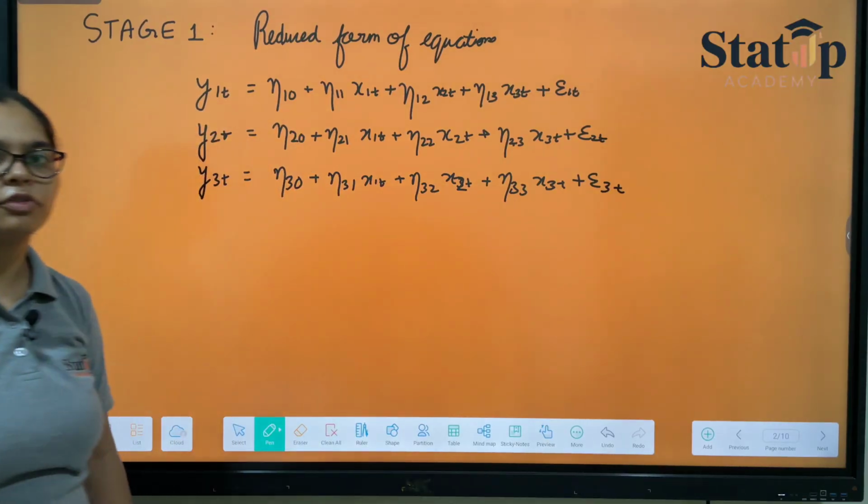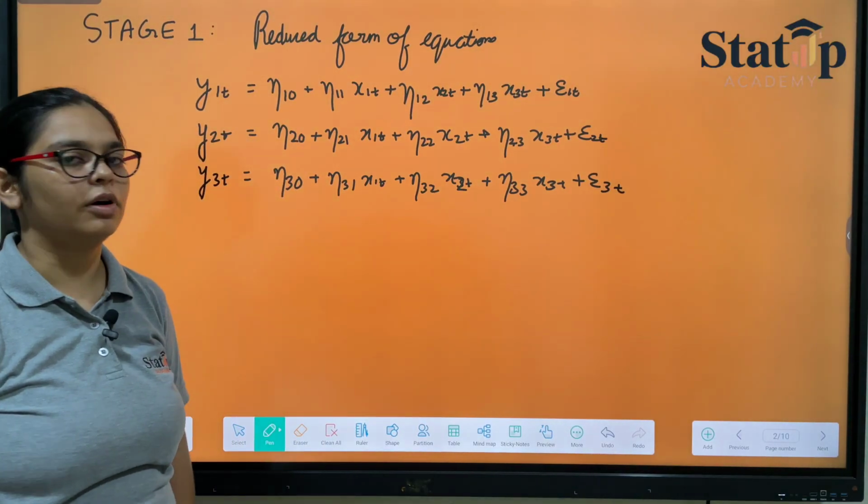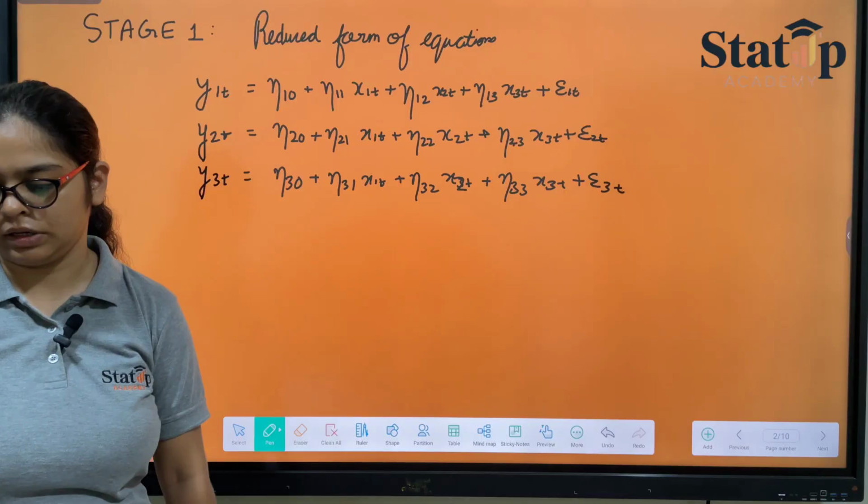These are the three reduced forms of equations 1, 2 and 3 which are given in the question.